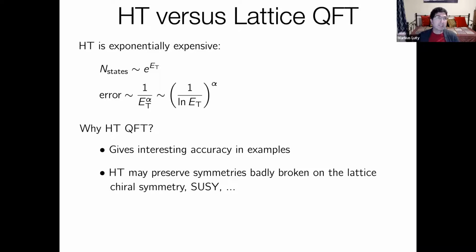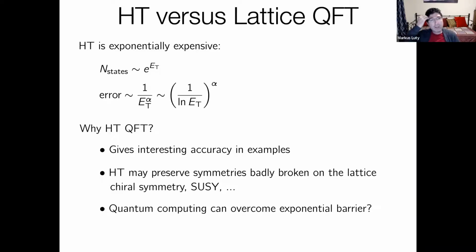And indeed, there have been some investigations along these lines already. I probably should have put some references here. And there's the long-term hope that anytime you see one of these exponentially hard problems, quantum computing might someday be able to overcome this exponential barrier. All right, so I'm going to continue. I won't be offended if this is already so bad you don't want to hear the rest, but I'm going to continue.